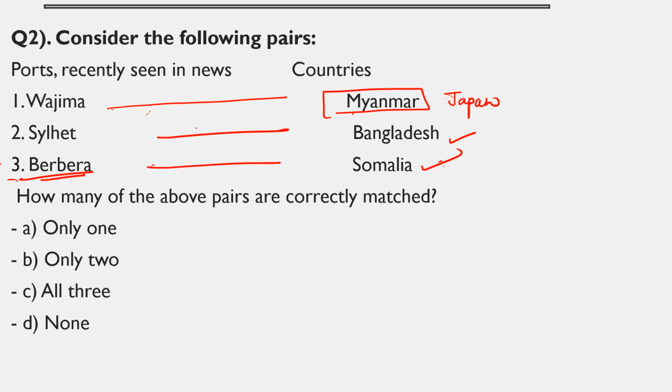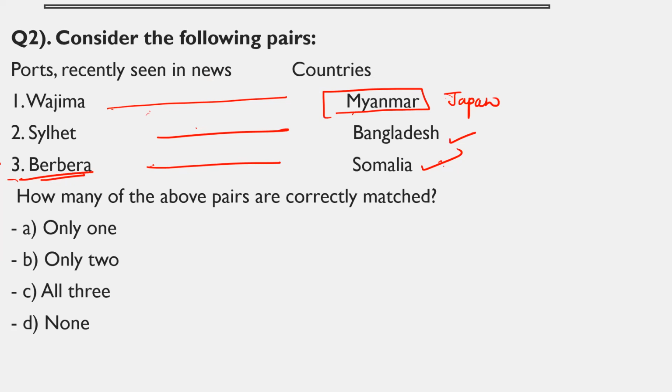Wajima is a city in Japan, and this city has a port, located in Japan. Same way, Sylhet port is very famous also. Sylhet port is in Bangladesh, and it is one of the largest cities in Bangladesh.